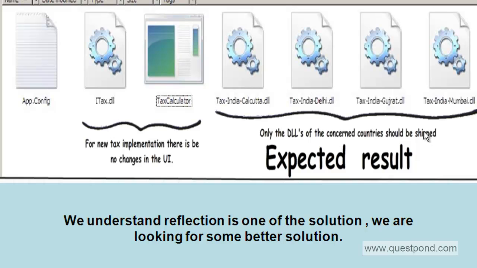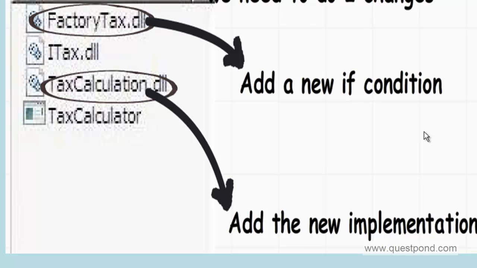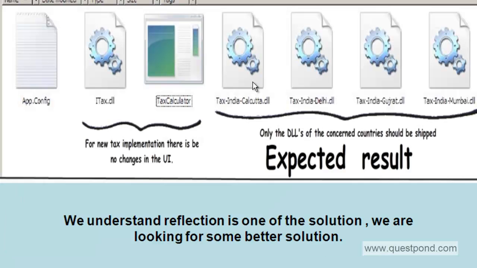The second improvement is, when we want to implement a new tax calculation logic, we have to change in 2 places. The first is we have to put an extra if condition in the factory tax.dll. The second is in the tax calculation.dll, we have to add the extra class. Now I would like to make a change in only one place. For example, if I'm going to add a new tax calculation logic like tax India Mumbai, I'll just paste that DLL and make a couple of changes in the app config file and it should work.